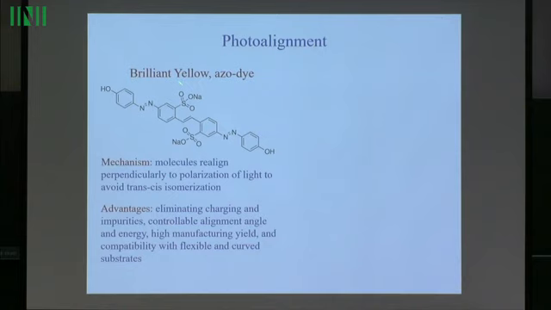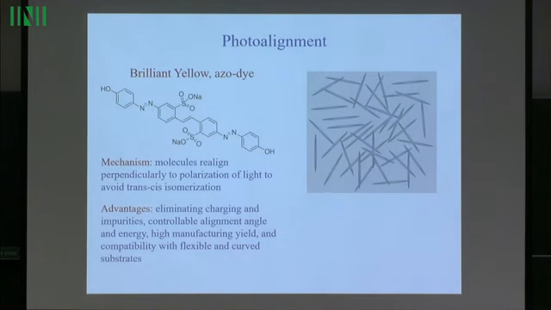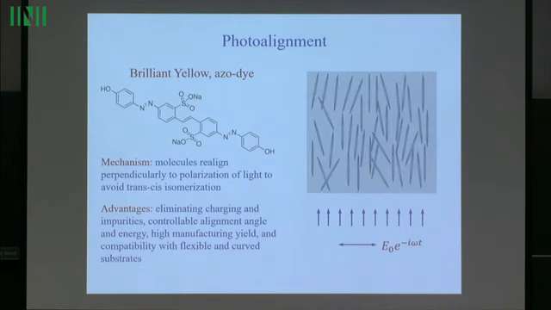So here I show you the dye, azo dye, brilliant yellow, that has these two azobenzene groups. When you irradiate a film of such a dye with polarized light, these azo groups go into continuous trans to cis and cis to trans conformational changes, and they do so till the long axis of the molecules is realigned perpendicularly to the polarization of light.